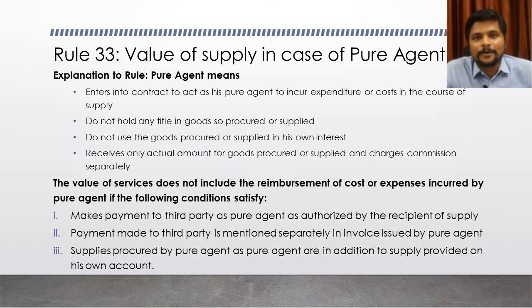You take the help of an agent like a clearing and forwarding agent. You can find clearing and forwarding agents in recent days. For example, you are an importer. You import certain goods from outside India, and the goods have reached the port of your city.